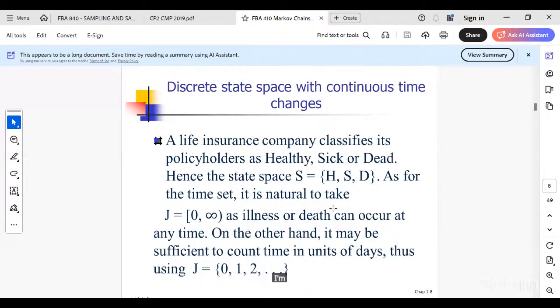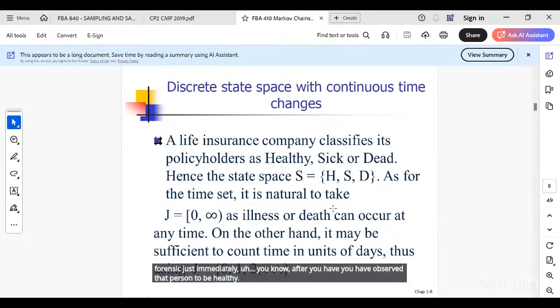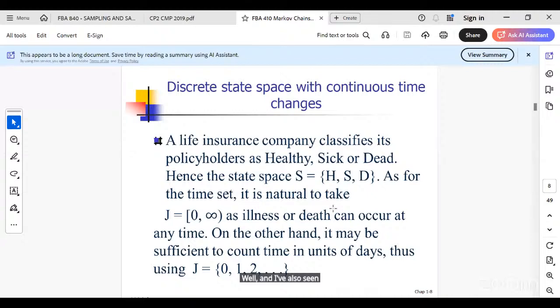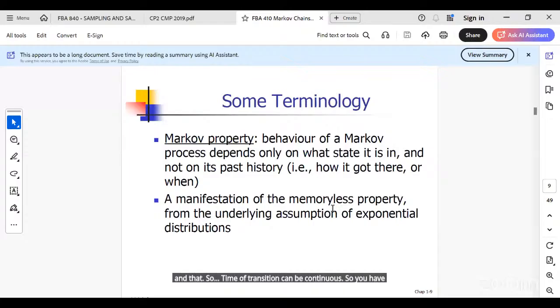I'm sure you have heard stories of someone who is very, very healthy falling sick immediately after you have observed that person to be healthy. We have also seen someone transit to the state of being dead just after someone has seen him and said, oh, this person is hale and healthy. So time of transition can be continuous.